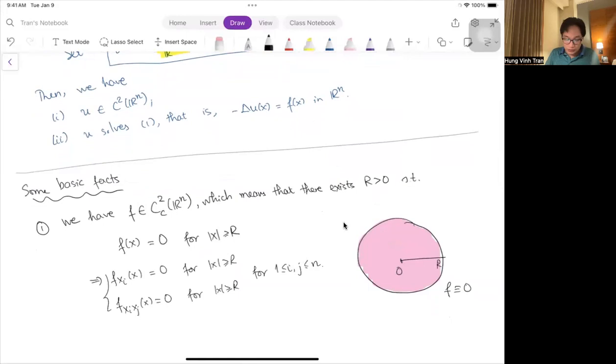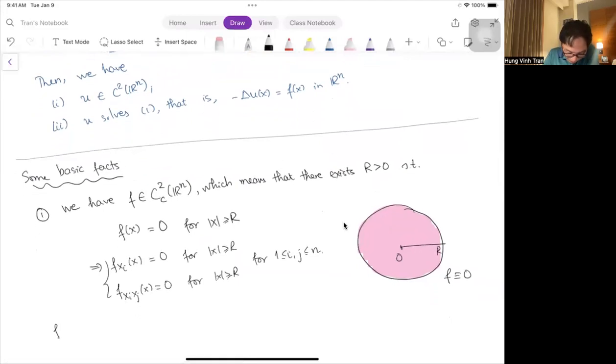Yeah. So you differentiate, outside is always 0. Okay. So that means that we have f, fxi, fxi xj are compactly supported in the ball center 0 radius r.